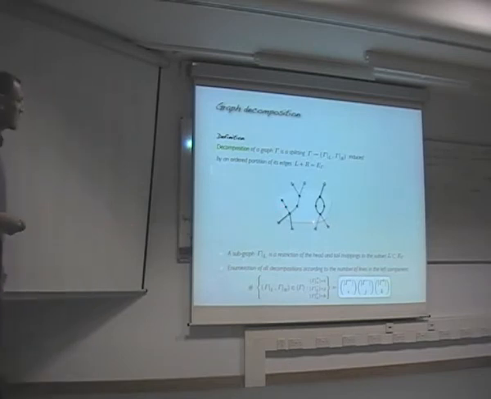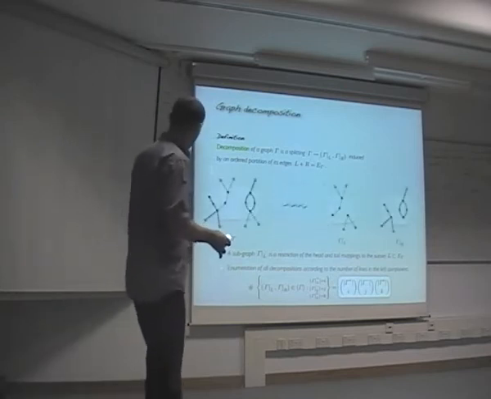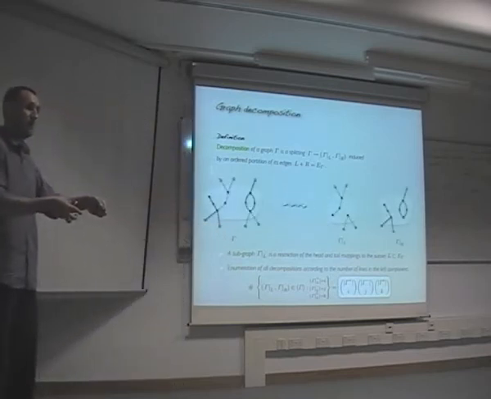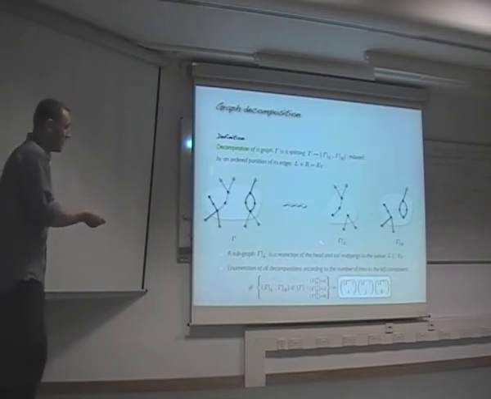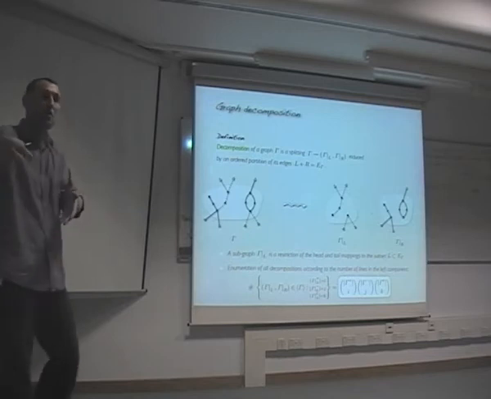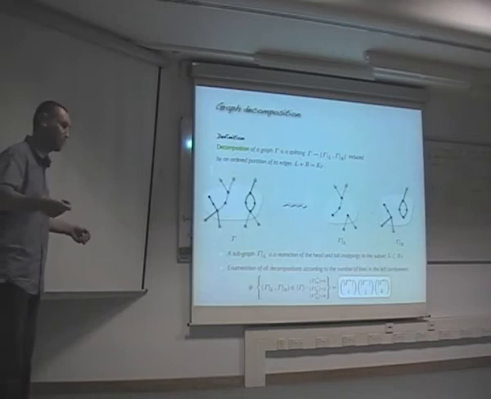This graph with dashed lines is again a Heisenberg-Weyl graph, and this remaining part is again a Heisenberg-Weyl graph. So the notion of decomposition is just to choose a subset of lines and take it as the left component, and the remaining part would be the right component. So the graphs can be decomposed in this way.